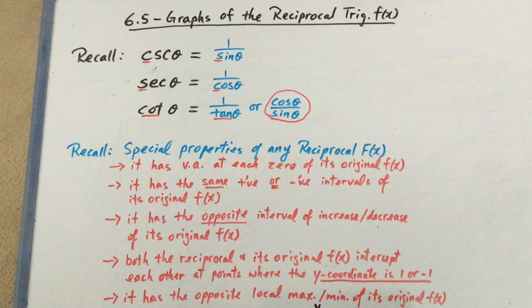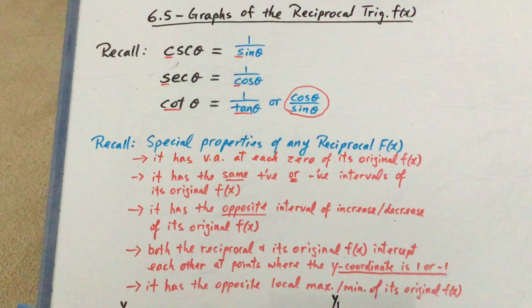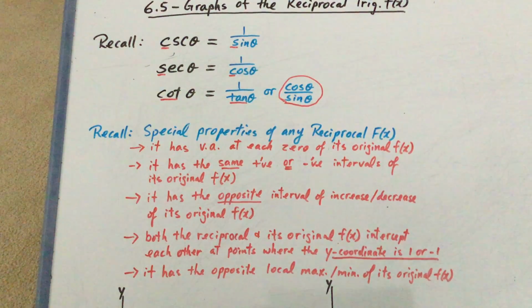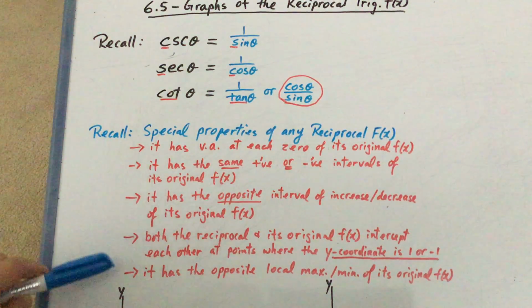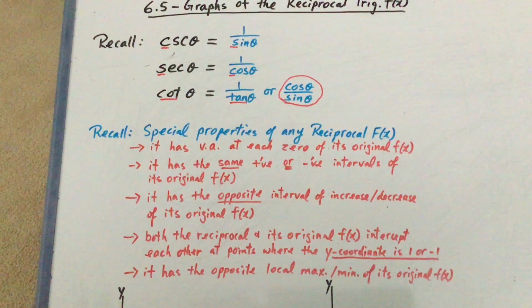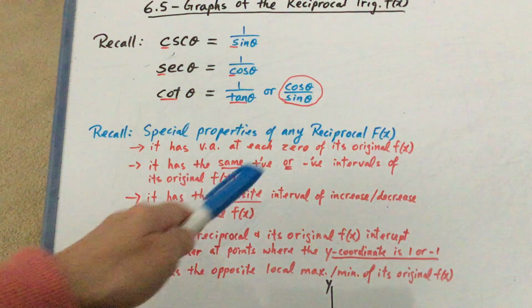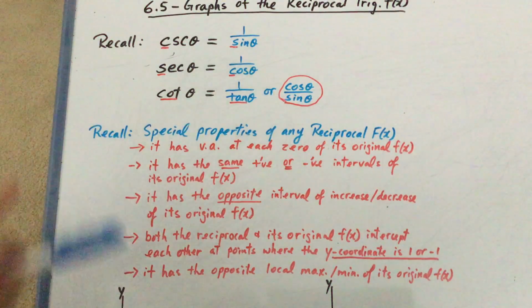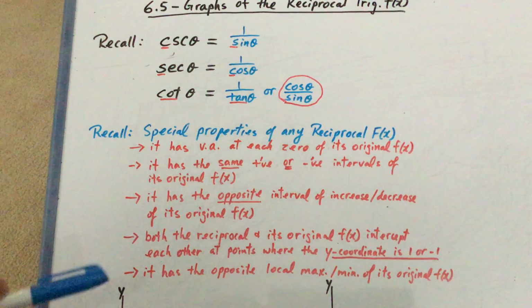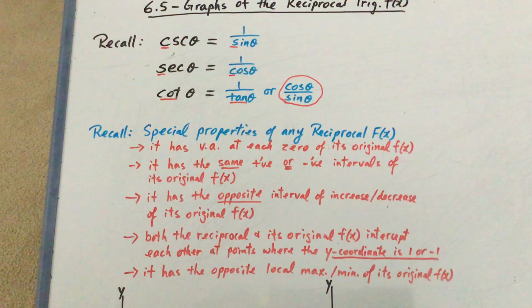If you recall the special properties of reciprocal functions that we did earlier, I just want to quickly remind each of you of the 5 main special properties of the reciprocal of any function, and these also apply to the trigonometric functions.